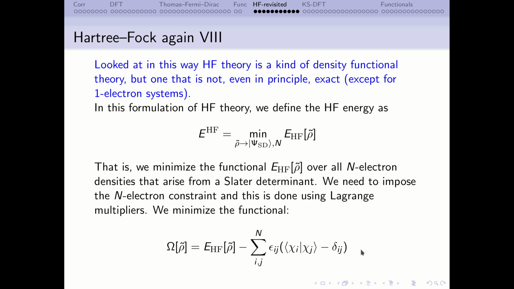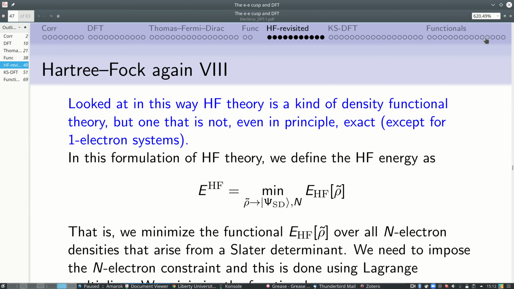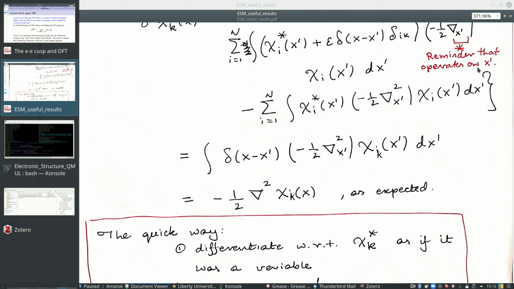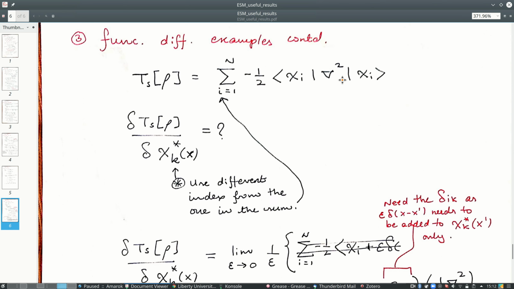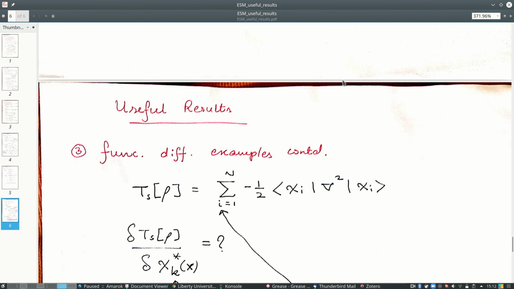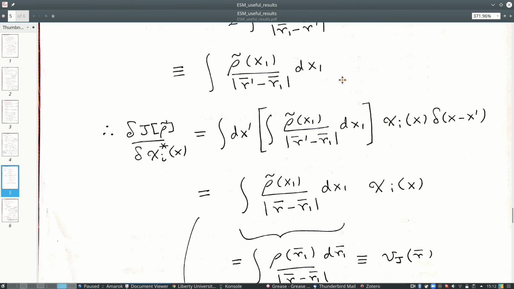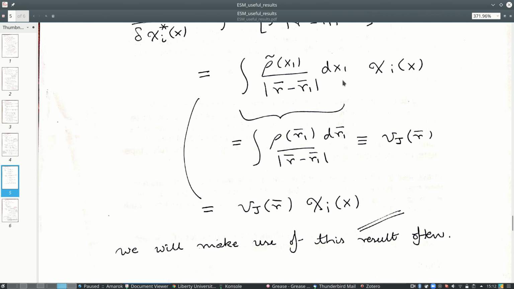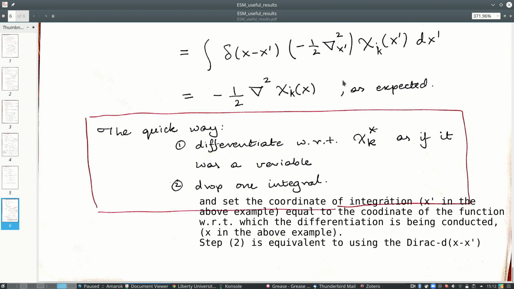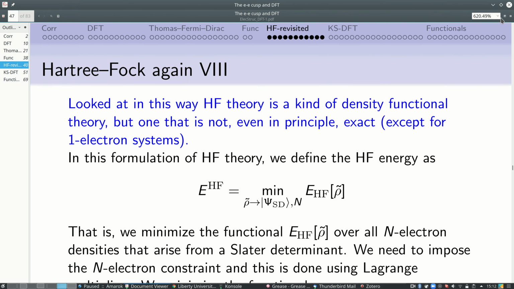I have already done this for most of the terms that appear in this functional, and these derivations are the ones I showed you over here. So you do need to follow these derivations carefully, and you will end up with the results I'm going to show you now. Alright, so let's get on with this again.